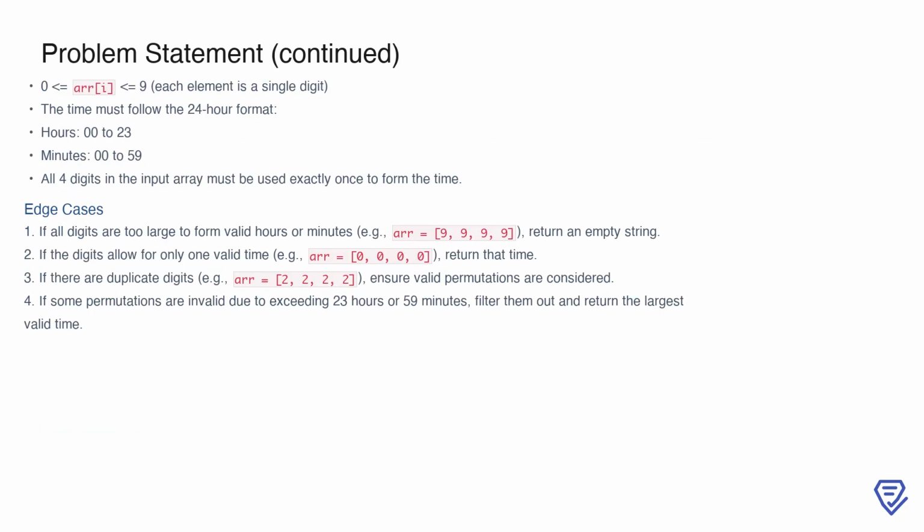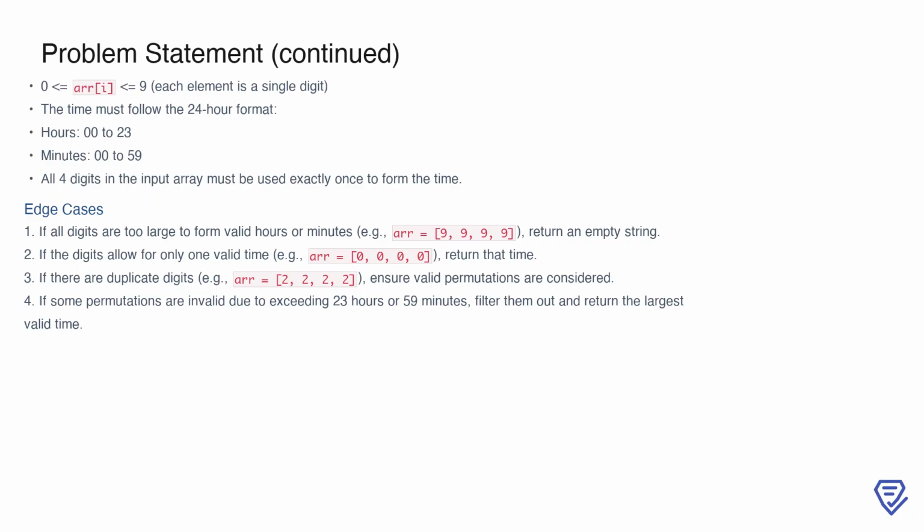There are a few important constraints and edge cases to keep in mind. Each digit in the input array will always be between 0 and 9, and you must use all 4 digits exactly once to form the time. The time must adhere to the 24-hour format, where hours range from 00 to 23 and minutes range from 00 to 59. In some edge cases, like when all digits are too large to form valid hours or minutes, for example 9999, you should return an empty string.